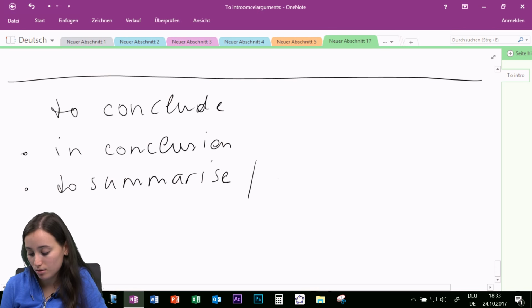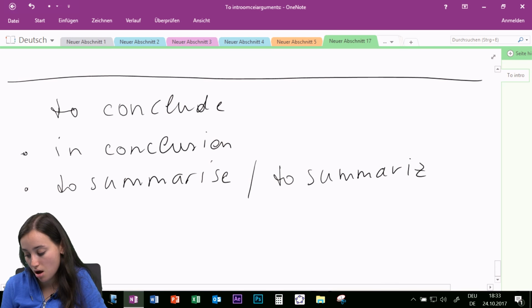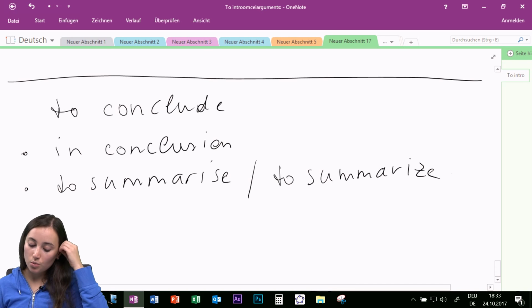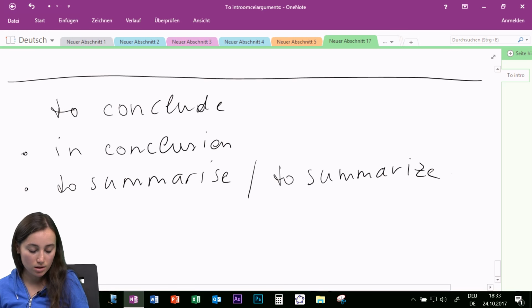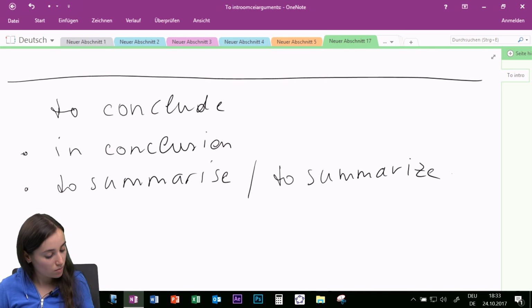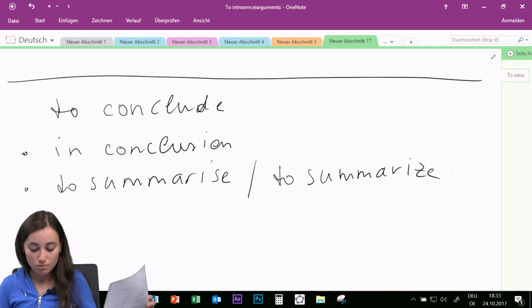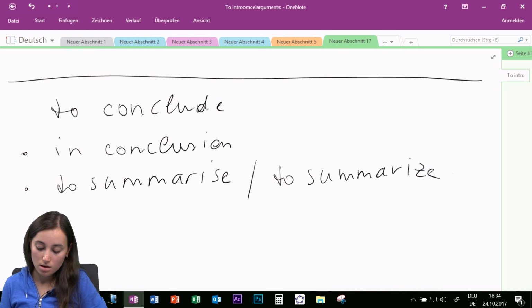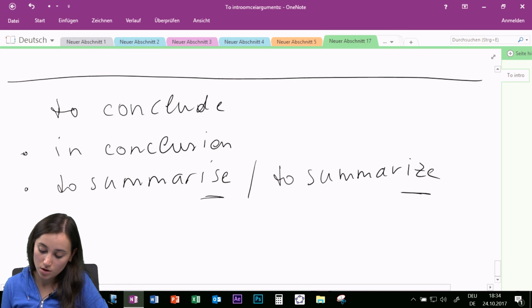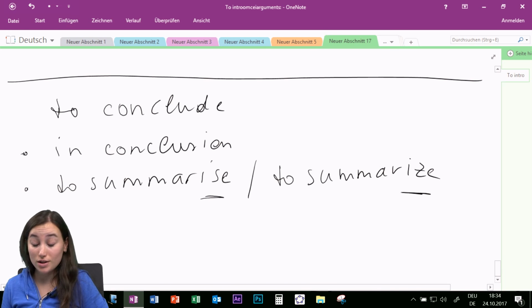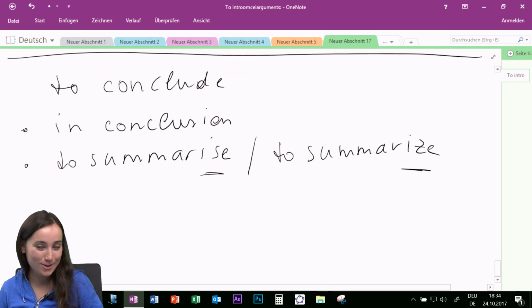Do you know the difference why sometimes summarize or in general words are written with S or Z? I think we had something before, but I'm not sure. I don't remember it exactly. Or to generalize, why sometimes it's written with an S and sometimes with a Z. Do you know the difference? And if you know, you can of course write it in our chat.